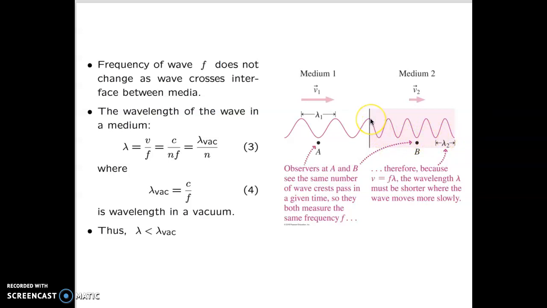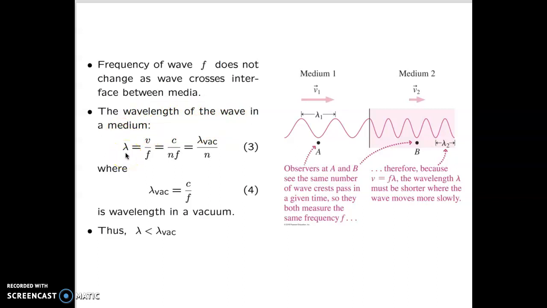You're going to see wave crests emerge from this interface at whatever the frequency was that these wave crests arrived at this interface. Okay, so the frequency then, we're arguing, of the wave in medium 1 and in medium 2 are the same.